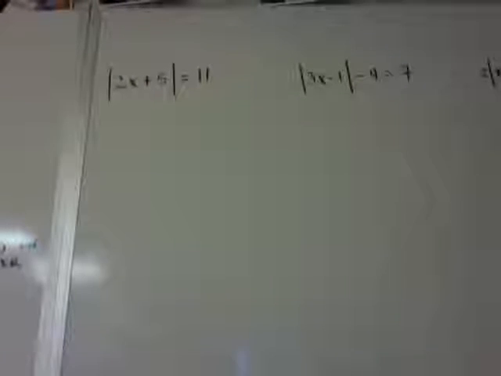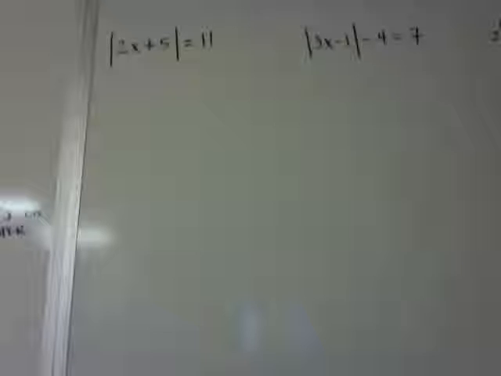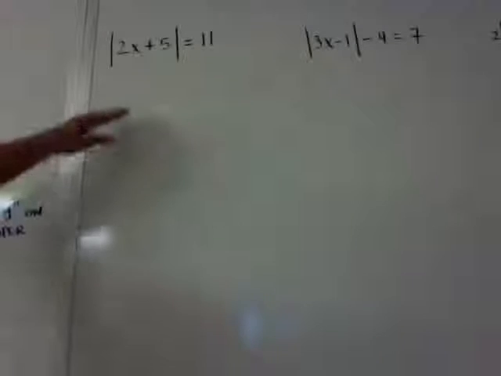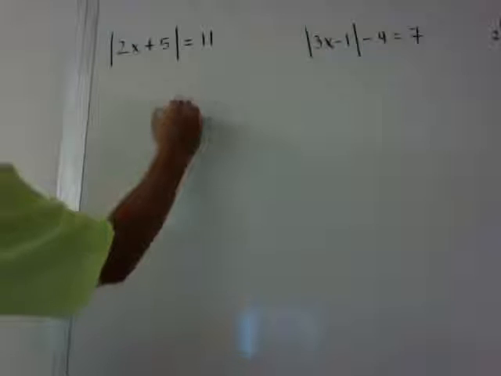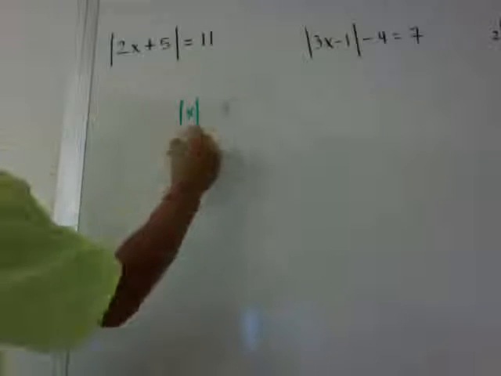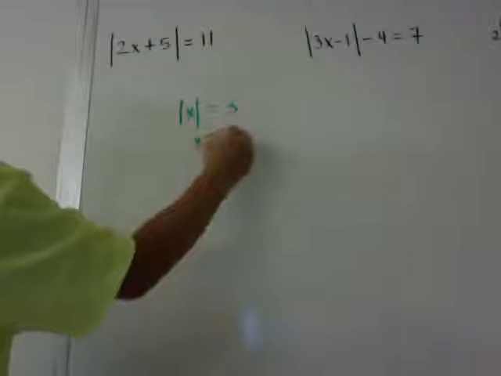Okay, so here I have a couple more absolute value equations. But you can see these are going to be a little different in that instead of just having an x in the absolute value, I have 2x plus 5 or 3x minus 1. Once you have absolute value isolated, if you remember before, when it was x is equal to 3, I could just go x is equal to plus or minus 3 this way.